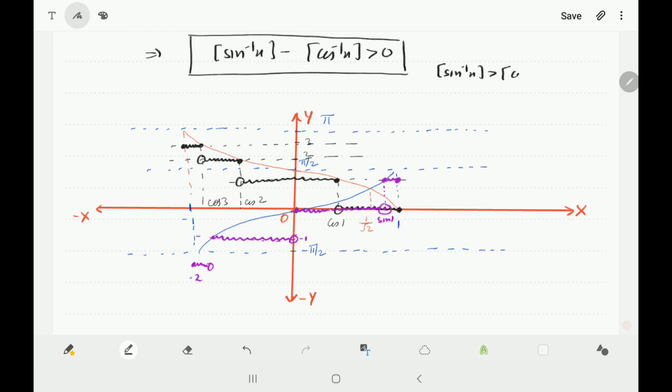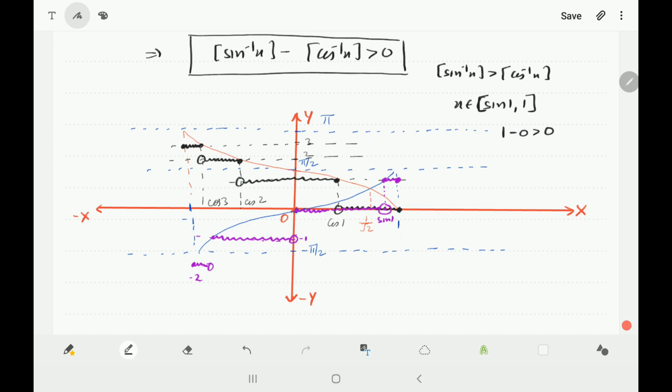Okay, now we have to see the condition that greatest integer of sin inverse x is greater than greatest integer of cos inverse x. So if you see clearly, till cos 1 the greatest integer of cos inverse x is already greater than that of sin inverse x. Okay, and from cos 1 to sin 1, both these functions are equal to 0. So from sin 1 to 1, if you compare the closed interval, at sin 1 also, the value of the greatest integer of sin inverse x is 1 and the greatest integer of cos inverse x is 0.